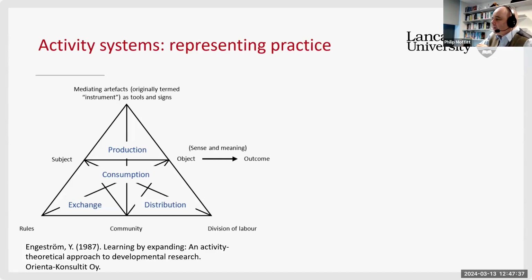If we move towards the base of this triangular representation, we've got our activity's social and cultural mediators. The rules there are how we regulate what we do. Rules can be formal, so things like, at present, laws about data protection, policies about accessible captioning, all of the things that Rebecca and Dee are probably going to help us to understand.